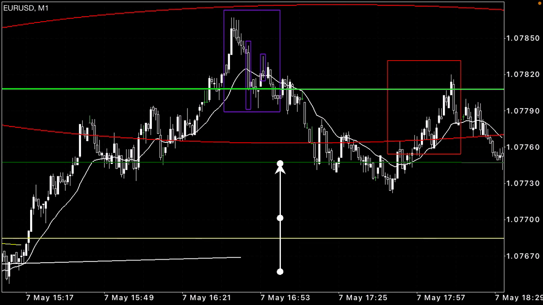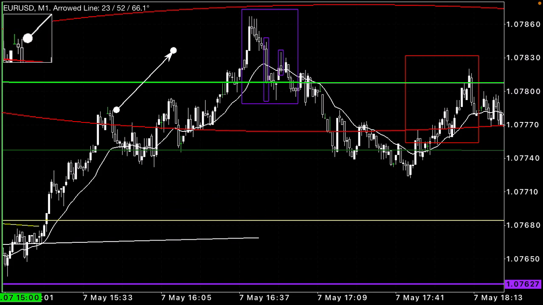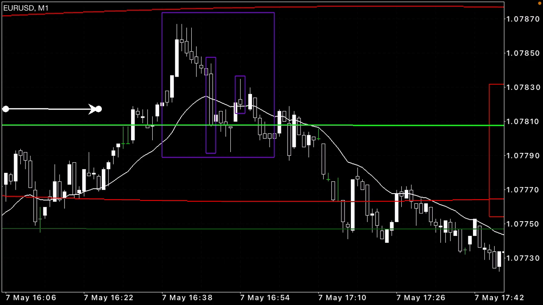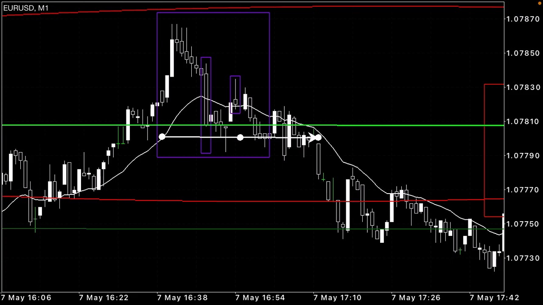Zeroing in on the 1 minute. As you can see, here's the engulfment bar. And there's the pin hammer. And the trade is not coming back at all.